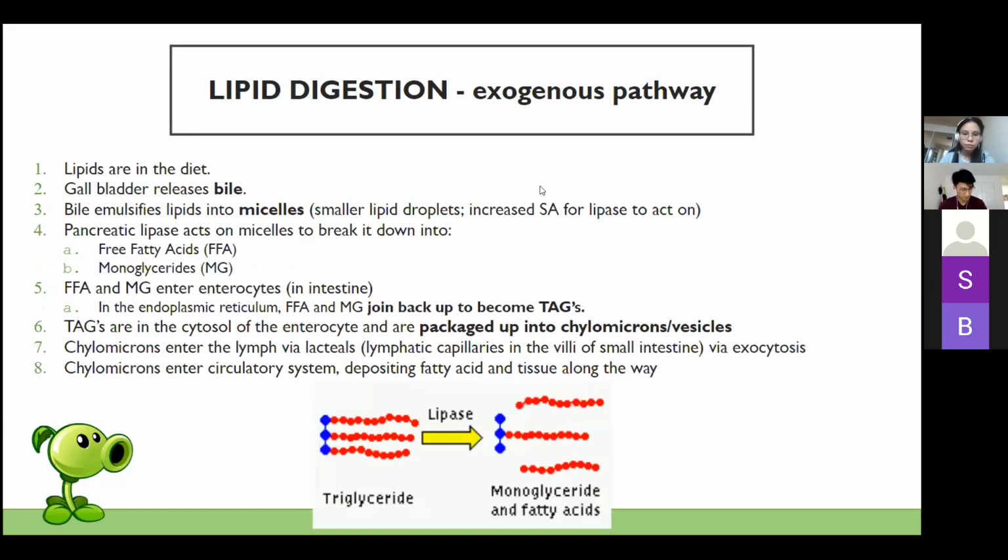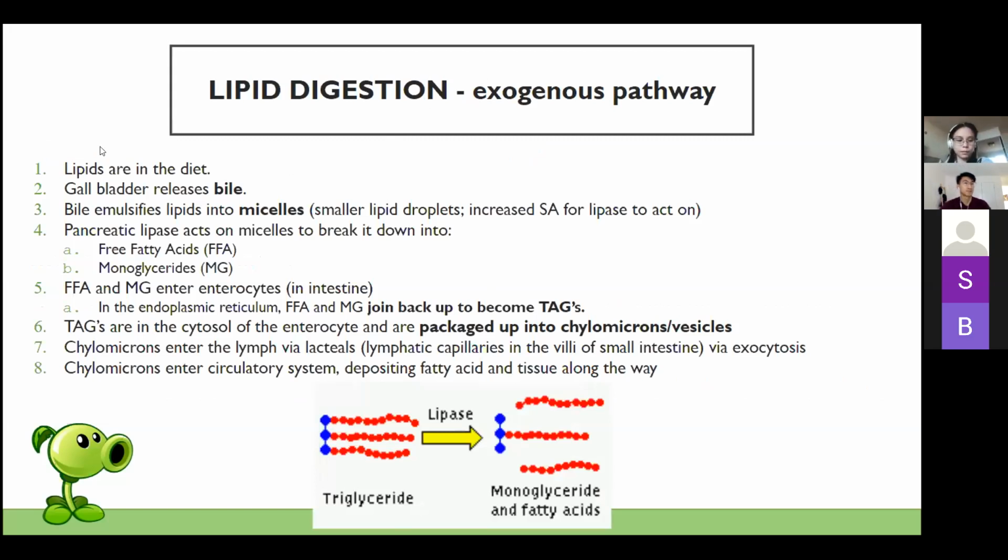So the exogenous pathway, exo basically means outside. So exogenous means the pathway that outside fat, or dietary fat, the fat that you eat, goes through, as opposed to endogenous, which means inside, the fat which is already inside your body.